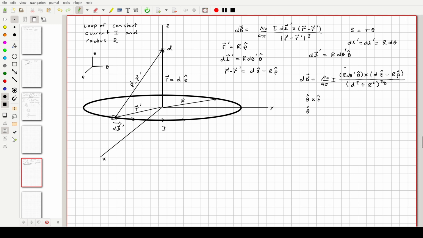And then I have a theta hat cross rho hat that I have to do. So if I use my little cheat thing over here and put my fingers in the direction of theta hat, close them towards z hat, that gives me rho hat. For this one right here, if I put my fingers in the direction of theta hat, cross them towards rho hat, I get a minus z hat.